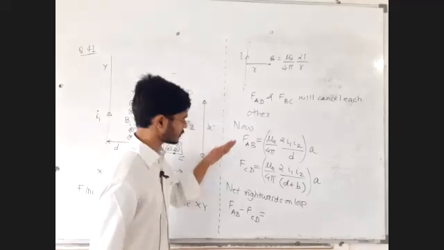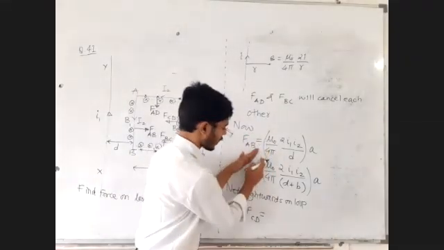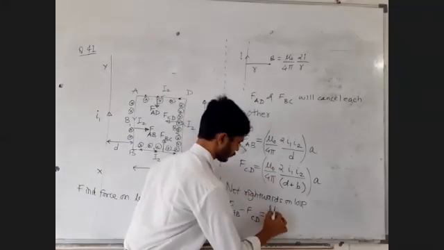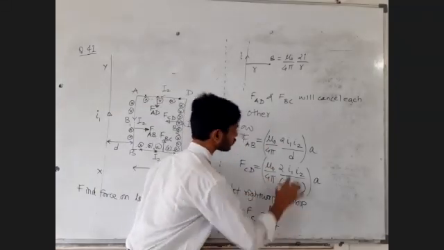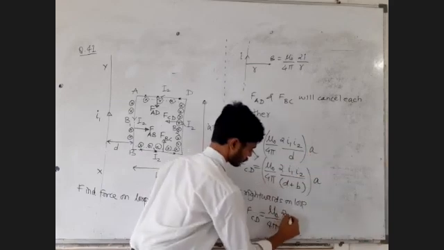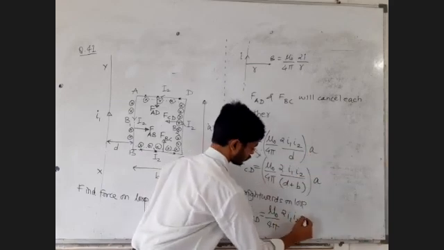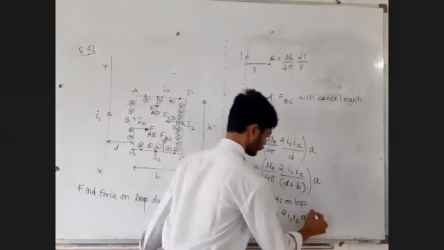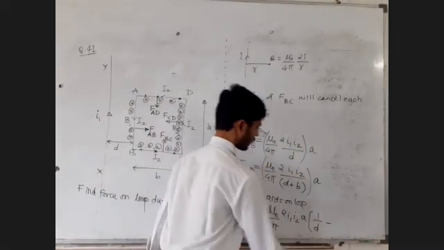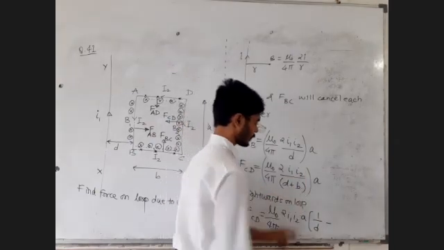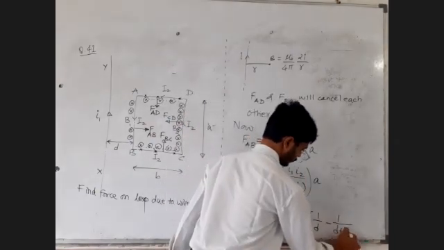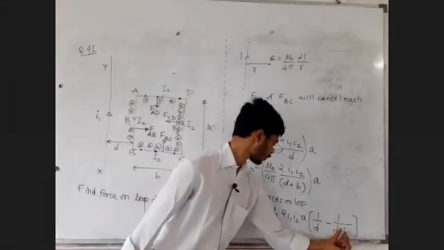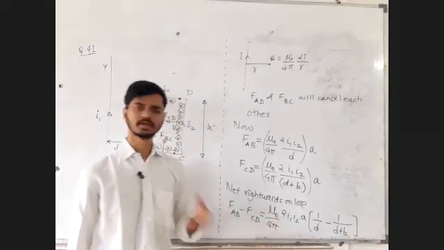What is common? μ0/4π 2 I1 I2 a is all common. What remains inside the bracket? 1 by D minus 1 upon D plus B. That's my answer, and you can do the cross multiplication and cancel 2 and 4, all those things.